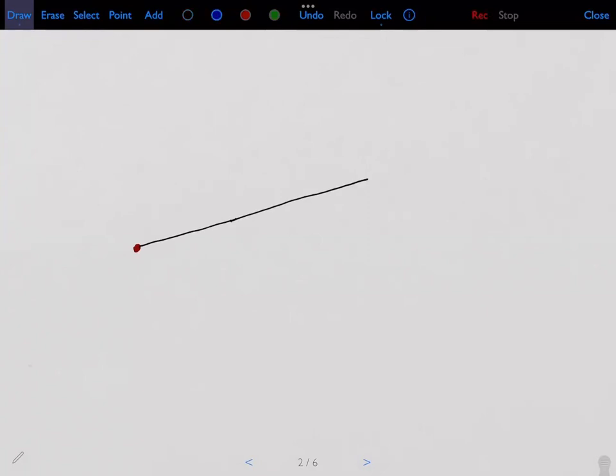So here's my force. This was R and this was theta. And now I'm going to resolve that.